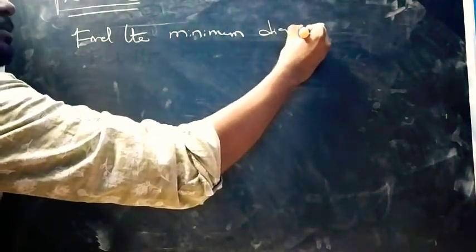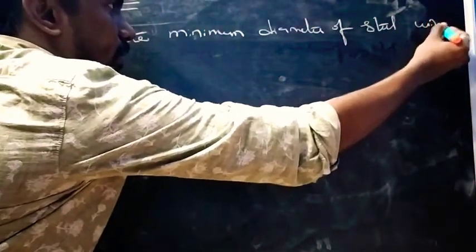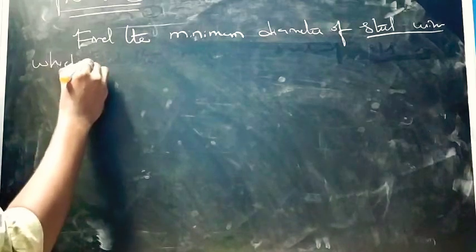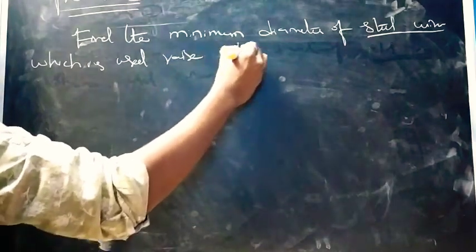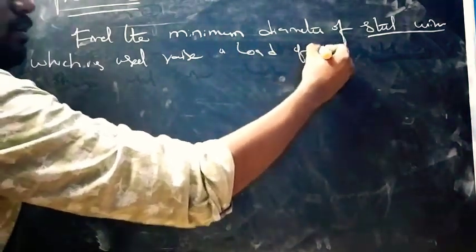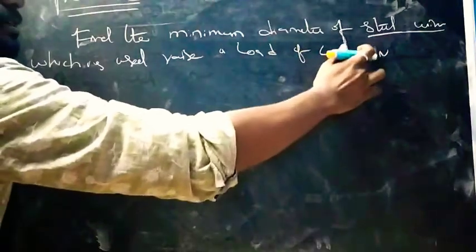So here the twist is that they might ask you to find the diameter of a steel wire which is used as a rod carrying 4000 Newton.